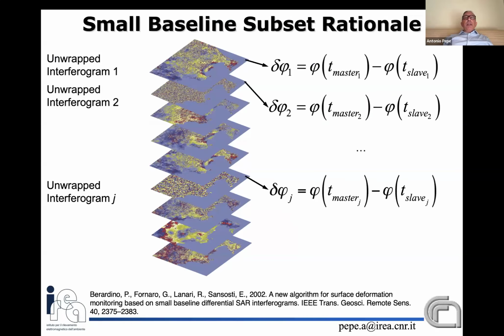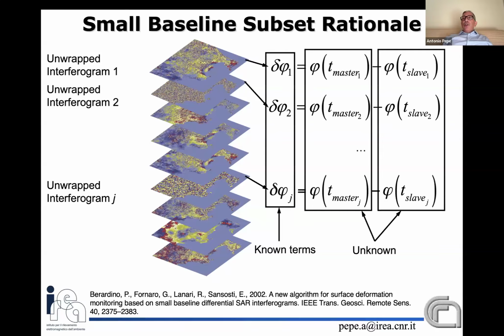Mathematically speaking, this is a very old-fashioned slide. We have several interferograms. From each interferogram, we can build up an equation. So we have a system of linear equations that is solved.